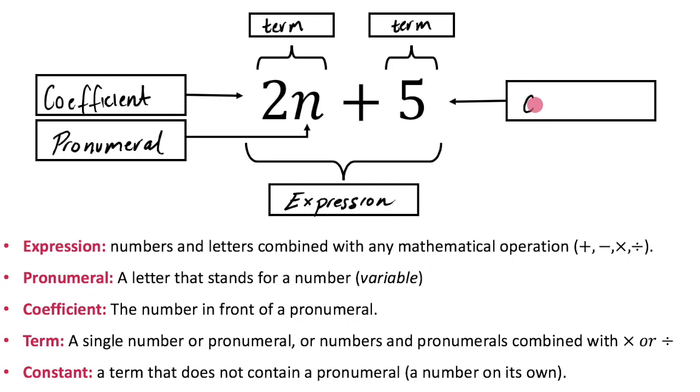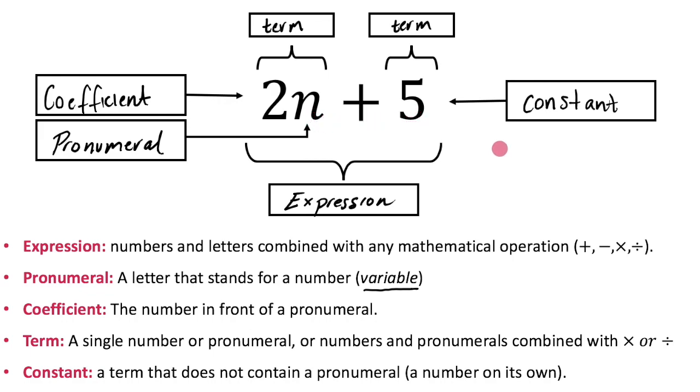So I'm going to write constant here. Now, the word constant is important. You can think of constant as something that does not change. We're always going to be adding 5 to this. My pronumeral, on the other hand, we can refer to as a variable because the n could be any number, but my 5 is always going to be the same.